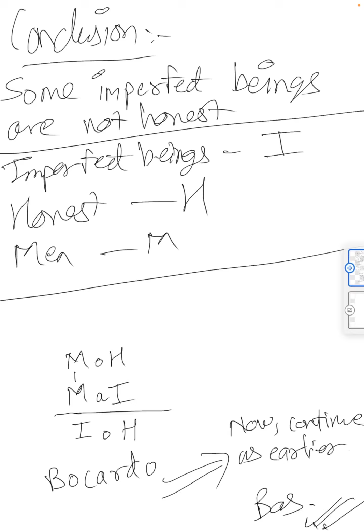Do some practice and this will be fine. Indirect reduction always comes, and all of this, the dilemma and syllogism reduction, is very scoring, so go through these videos again and again if you want. Okay, chalo, thank you.